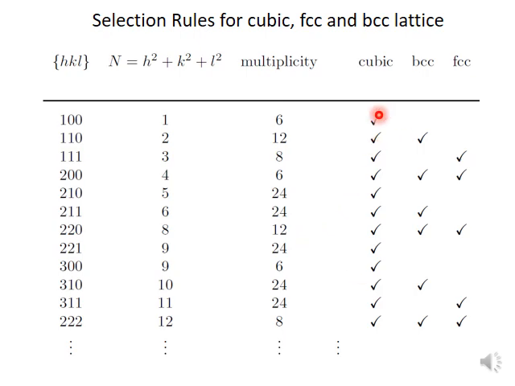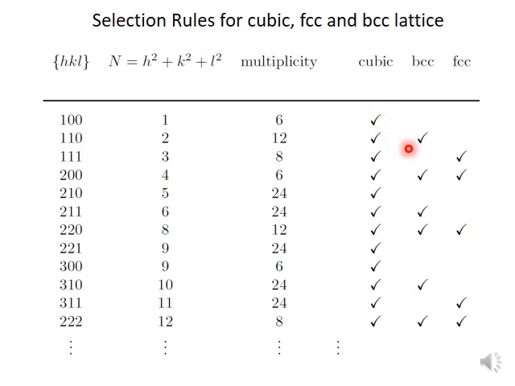So why is this n important? Once you get n for all the peaks, let's say n for the first peak is 1, for the second peak is 2, and for the third peak is 3, then you already know that you have a simple cubic system.